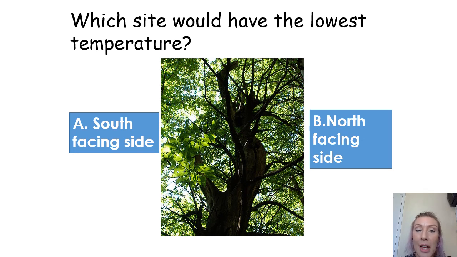Okay, now our aspect comes back here. See whether you can remember which side would have the lowest temperature, south or north facing. You get a difference in the size of leaves and the amount of photosynthesis on either side of a tree because of this. Okay, so north facing would have the lowest temperature.